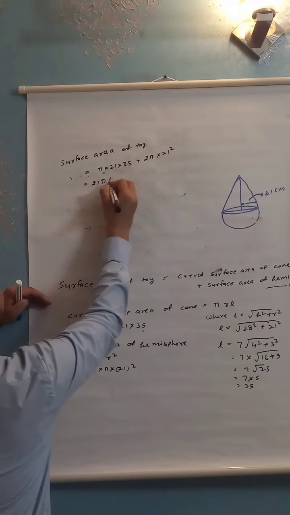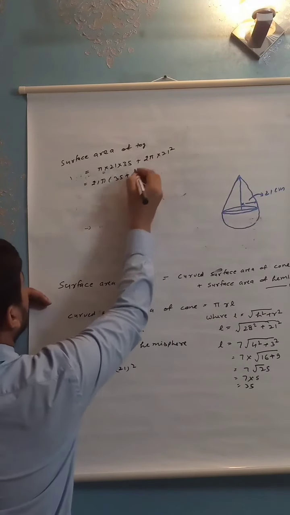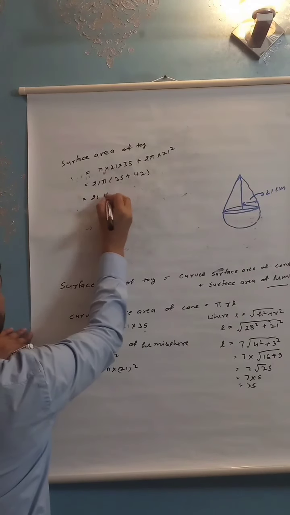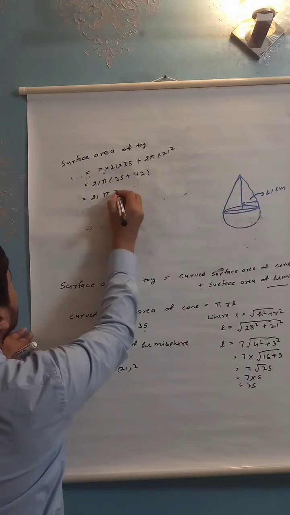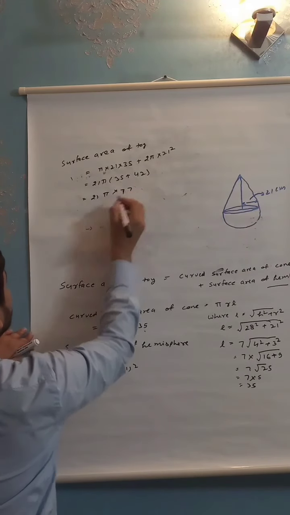21 pi into 35 plus 42, 21 twos are 42, equal to 21 pi into 77.